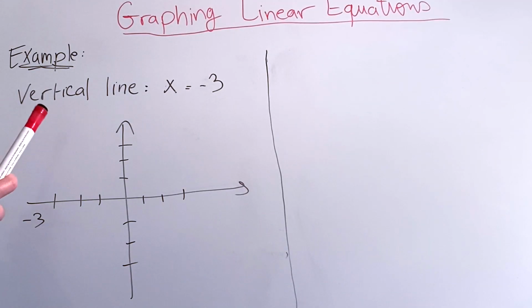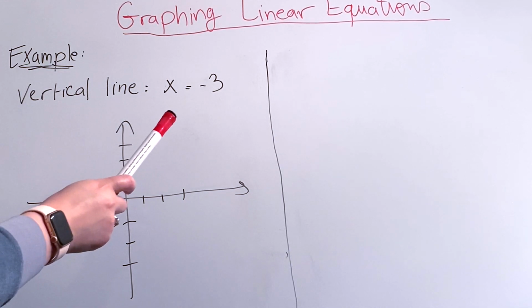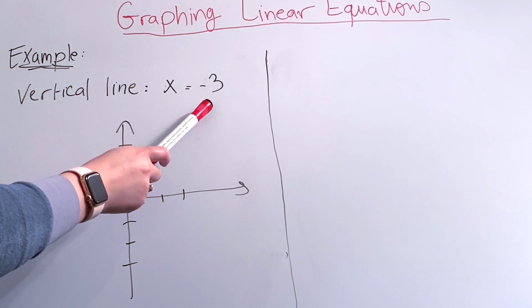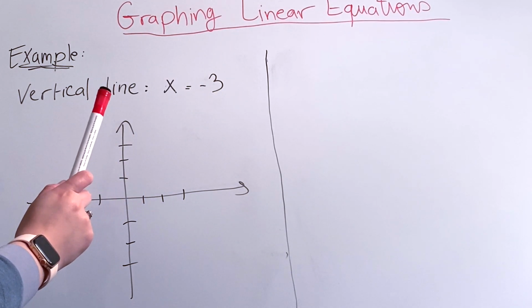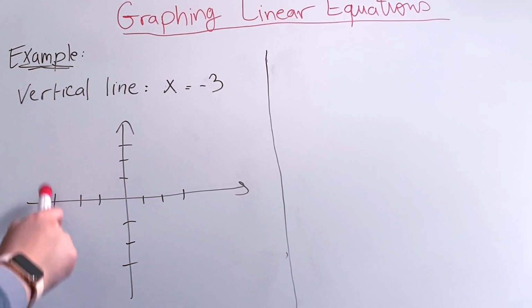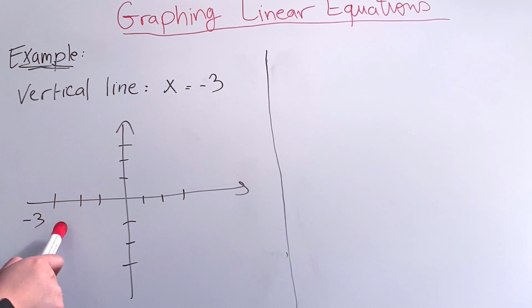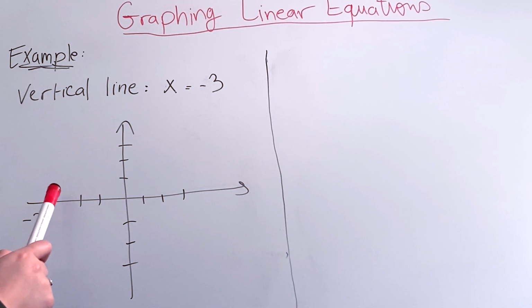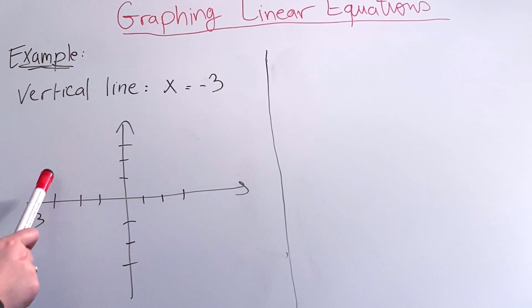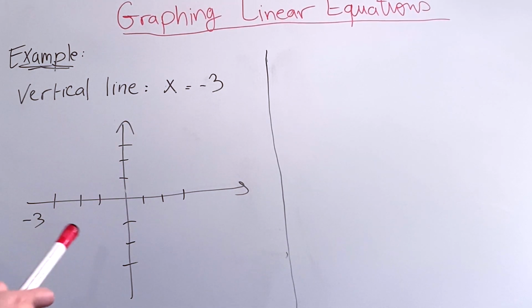Now let's move to graph the vertical line. The equation x equal to minus 3 represents a vertical line which crosses the x-axis at the point (-3, 0). That means x is equal to minus 3, and then y can be whatever it wants.